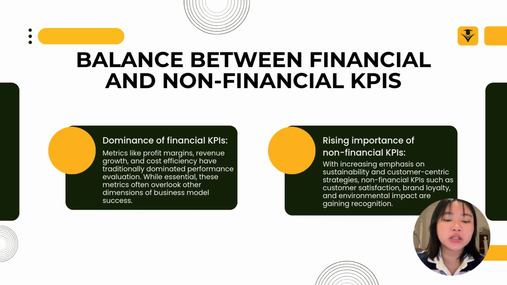And while essential, these metrics often overlook other dimensions of a business model success. And rising importance of non-financial KPIs, with increasing emphasis on sustainability and customer-centric strategies, non-financial KPIs such as customer satisfaction, brand loyalty, and environmental impact are gaining recognition.